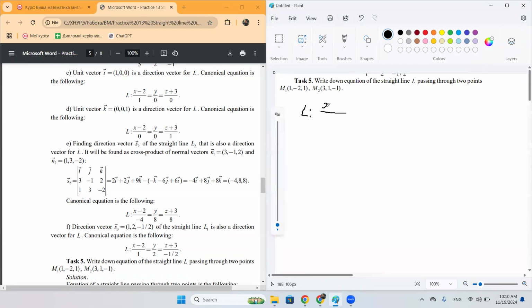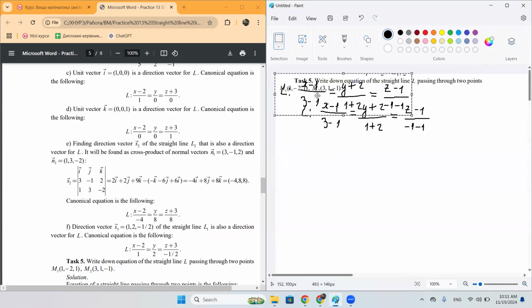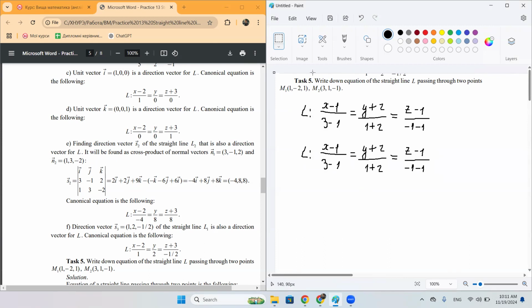So x minus 1 by 3 minus 1 equals y plus 2 by 1 plus 2 equals z minus 1 by minus 1. And if we reduce it, we will receive the canonical form. So let's simplify it.